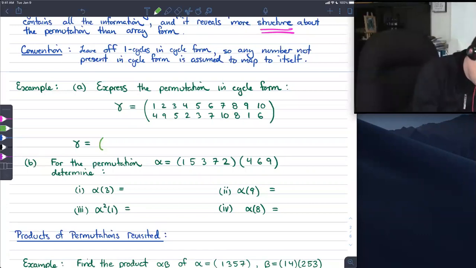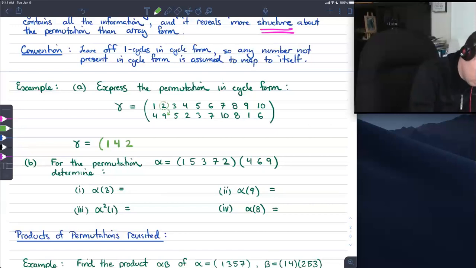So I start with the number 1, and I just play the game of, what does gamma do to it? Well, gamma takes 1 and sends it to 4. And now what does gamma do to 4? It takes 4 and sends it to 2. And then what does gamma do to 2? And notice all I'm doing is I'm just going into the first row, finding the number I'm interested in, and seeing where it goes.